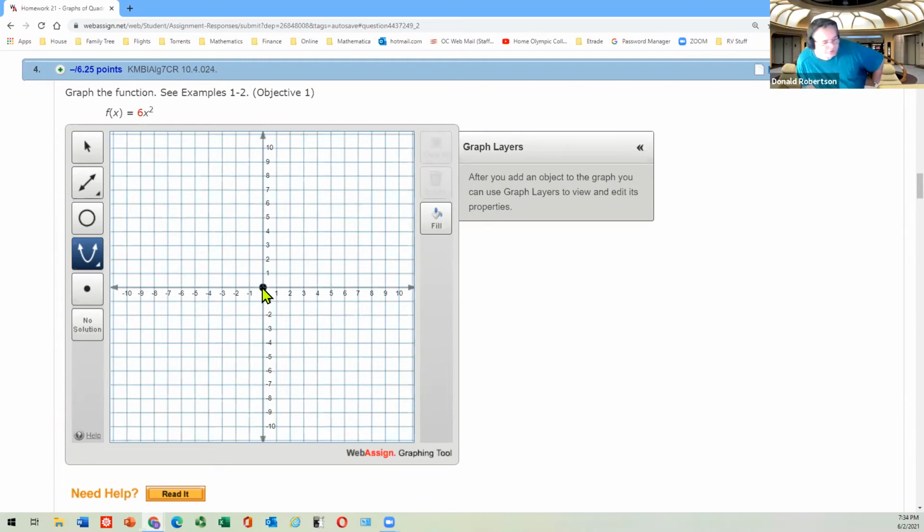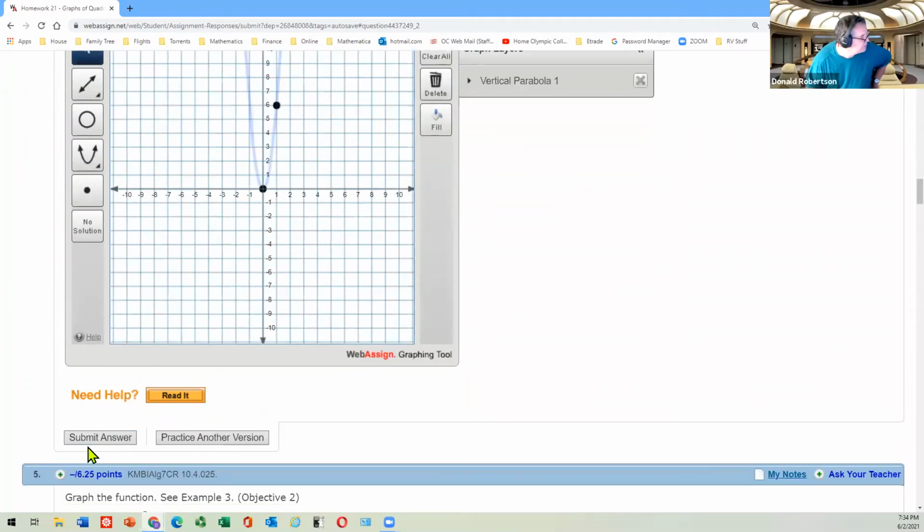For y equals 6 times x squared, what would the y coordinate be when x is 1? And don't overthink it. 6. There you go. And submit it.